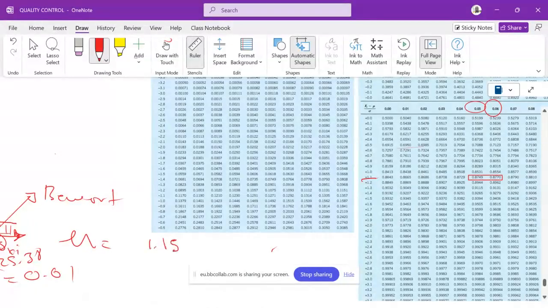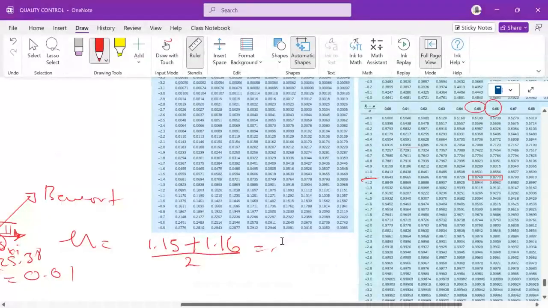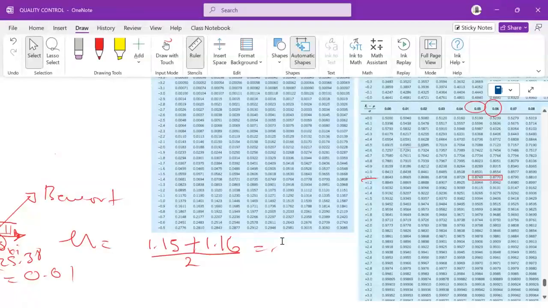1.15 plus 1.16 over 2 is equal to. So my z is going to be the average of the two, and the value that I need is 1.155.